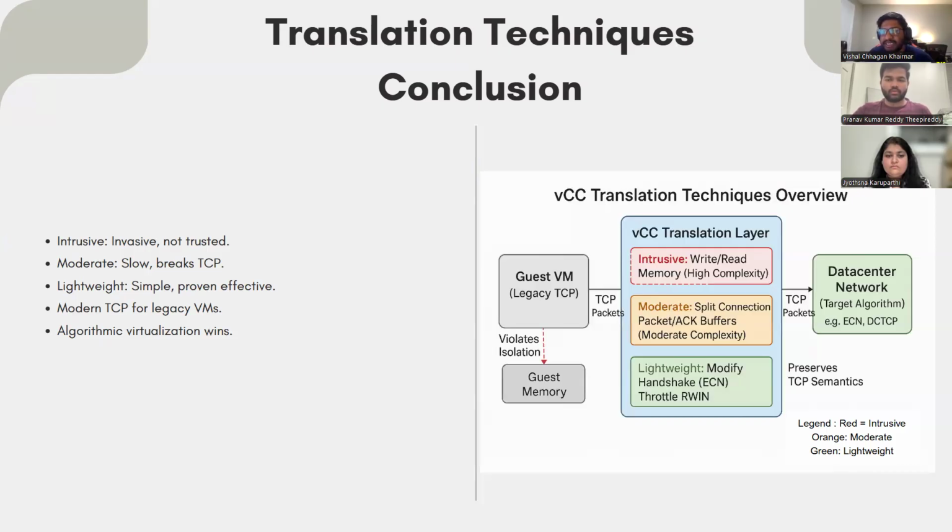So lightweight techniques like tweaking the handshake or windows are simple and reliable, and the experiments, which we'll talk about later in the presentation, prove they deliver fairness and better bandwidth. This idea of virtualizing algorithms is a huge win for a cloud provider like AWS.